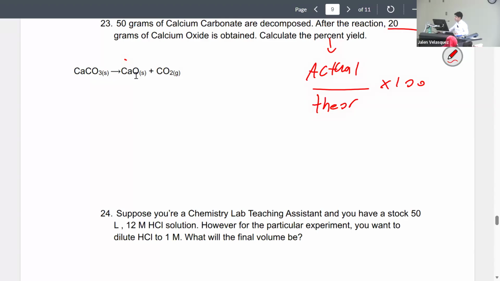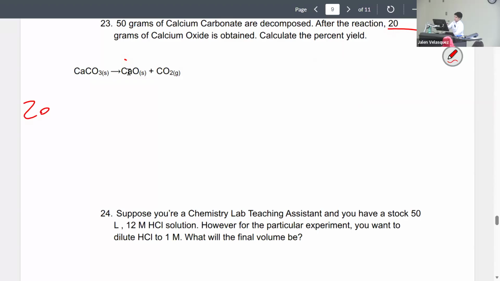So we have to figure out the theoretical yield, and we're going to do that by going from the grams of calcium carbonate into the grams of CaO. So let's wait for a minute. Right, so we're going, 50 grams, not 20.